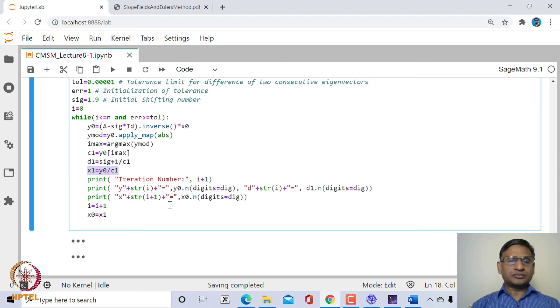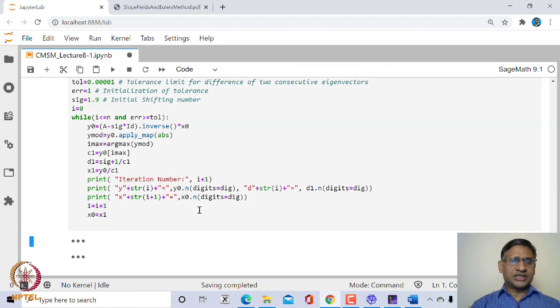Then increment i by 1, redefine x1, store it in x0, and then continue this loop. Okay, so let us run this.